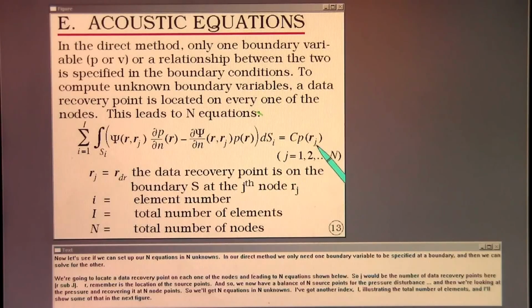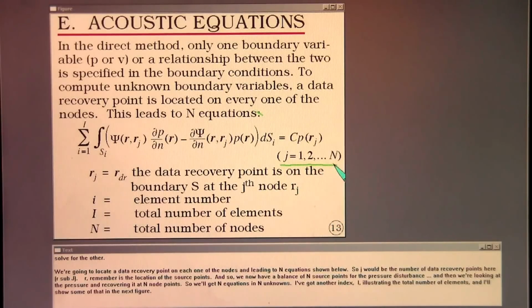So J would be the number of data recovery points here, R sub J. R, remember, is the location of the source points, and so we now have a balance of n source points where the pressure disturbance is located, and then we're looking at the pressure and recovering it at n node points. So we'll get n equations in n unknowns. I've got another index, capital I, illustrating the total number of elements, and I'll show some of that in the next figure.